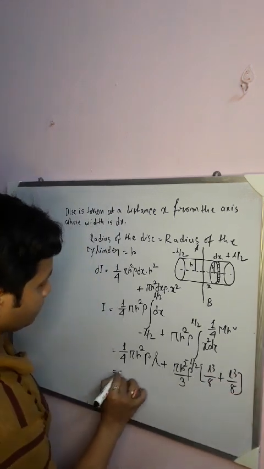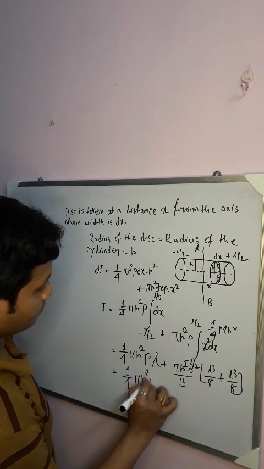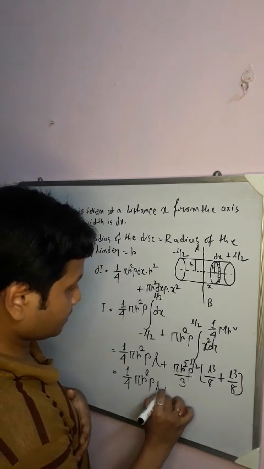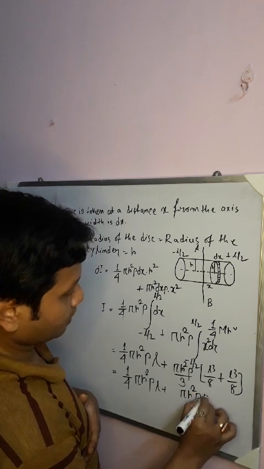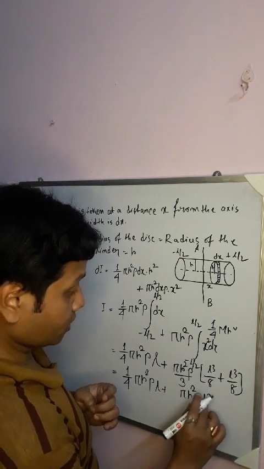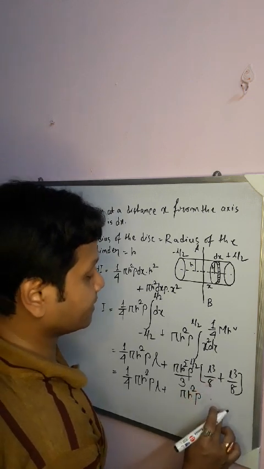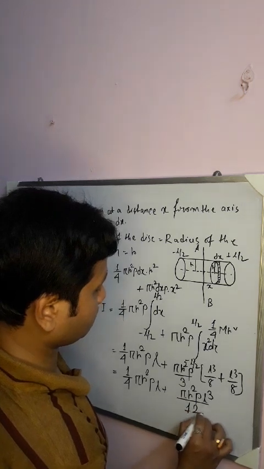So this is 1/4 pi r square rho L plus pi r square rho L cube, where 2L cube by 8 is L cube by 4, divided by 3, that is 12.